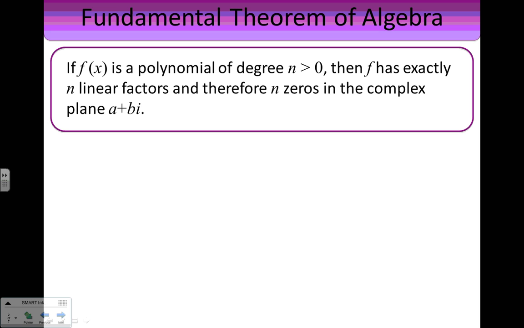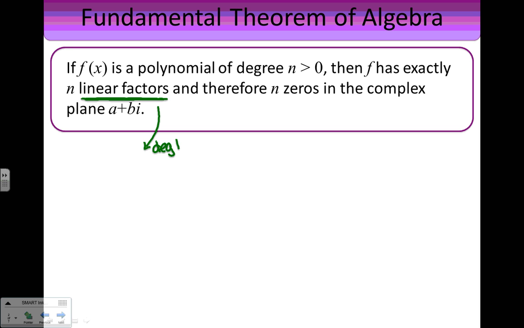Then this polynomial will have exactly n linear factors and therefore n zeros. That's just it. When you factor it, linear factors means we are going to factor it all the way so that when you write it in factored form, all of those parts are linear. The degree is 1 for all of the factors.